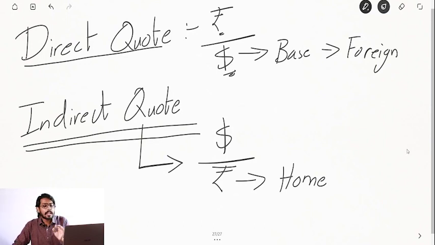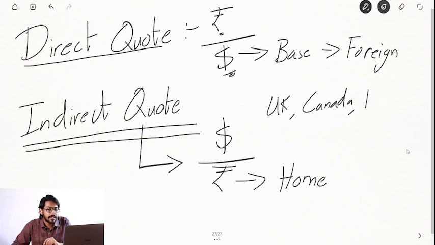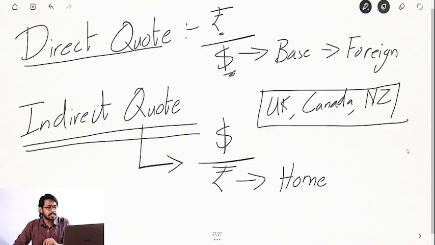Understood? In 3 countries in the world, UK, Canada and New Zealand, they give indirect quote. Mind you, this might sometimes come in the exam. They might say the currency in a London based bank is so and so, and they might simply say 1.5.